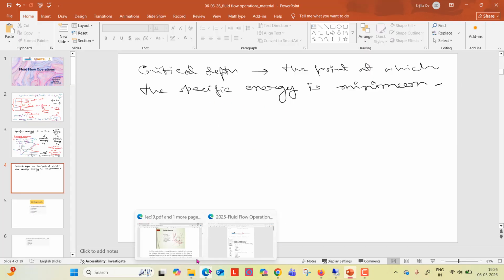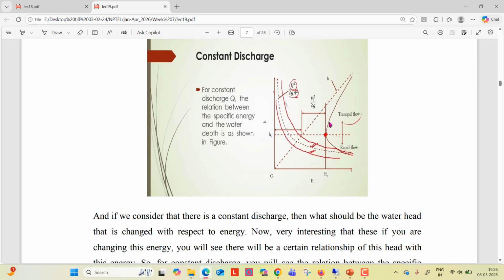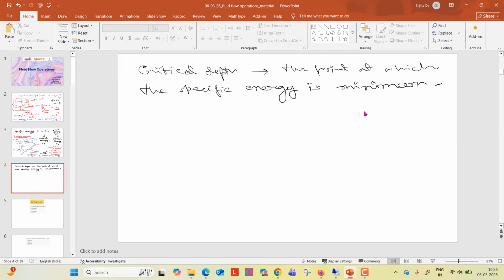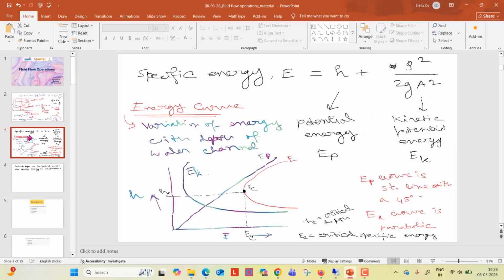Now what else is there? So you can see what it is telling: beyond this point, if I go back to the curve again, in the top portion there will be a tranquil flow.